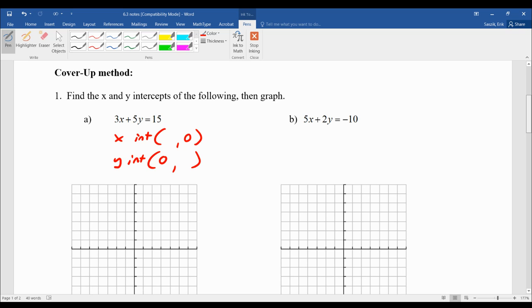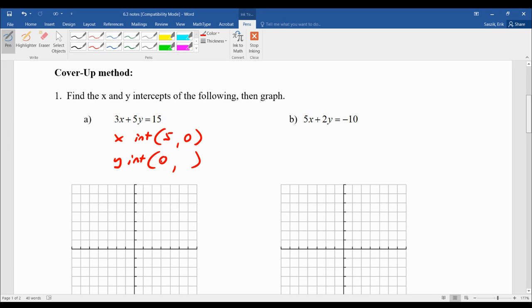Okay, so watch what I do here. To find the x-intercept, if the y is 0, I could essentially take this 0, plug it in here, and 0 times anything is 0. So this goes away. You can kind of cover it up. And then just ask yourself, 3 times what is 15? Well, 3 times 5. That would be the x-intercept. The y-intercept, you just do the opposite.